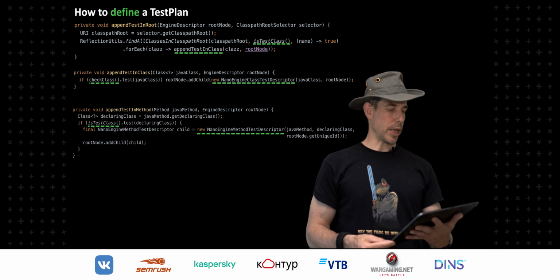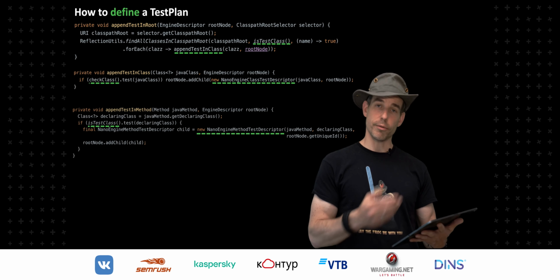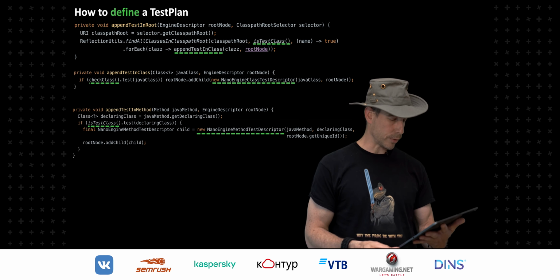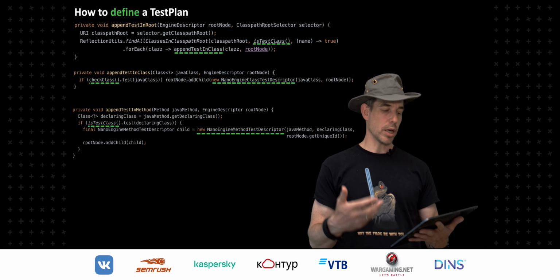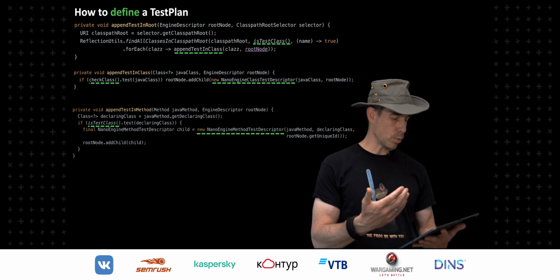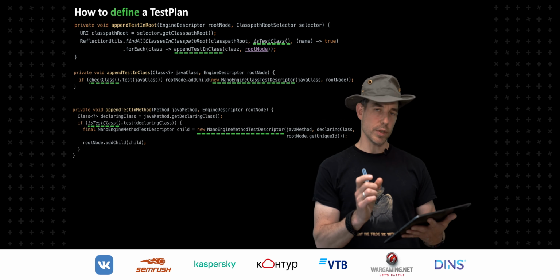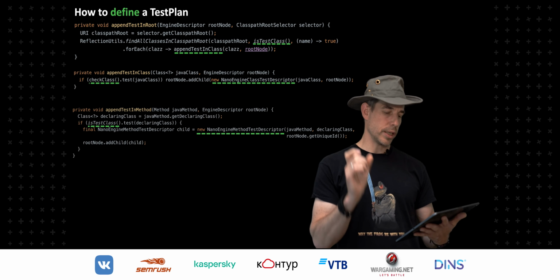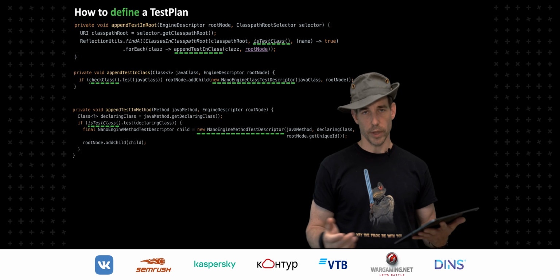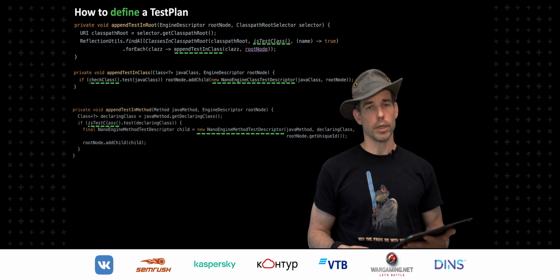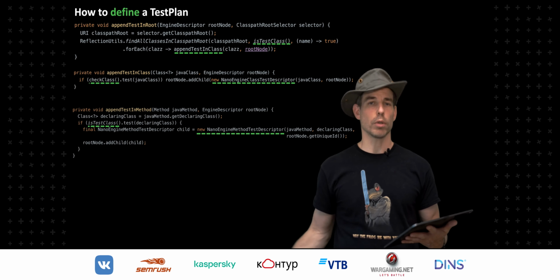If I want to append tests in the root, there's the first method I'm showing here. My selector gets a class path root. I find all classes in this class path root, and here you see I'm using the predicate isTestClass. That's it. These service utilities go through the whole class path.